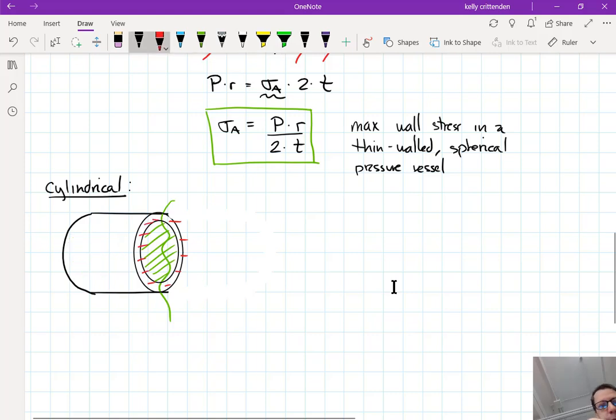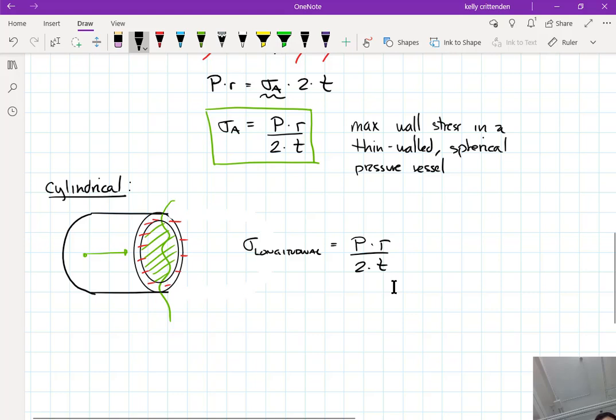So the cylindrical pressure vessel has what a lot of times is called a longitudinal stress, assuming this is the longitudinal axis of the pressure vessel. It looks exactly like this, PR over 2 times t. We go through the exact same process.